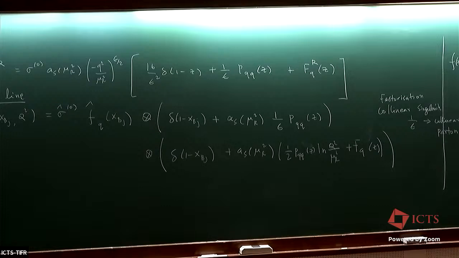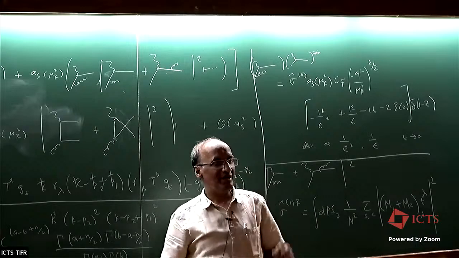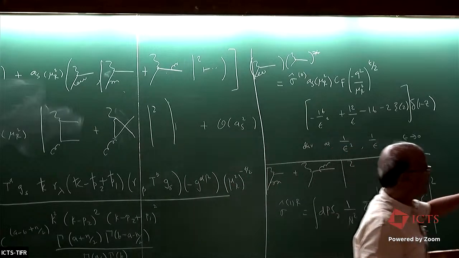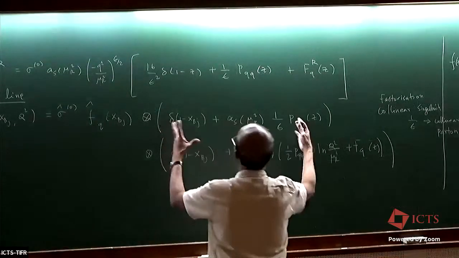For example, in this diagram that I've written down, when this parton becomes collinear to the initial quark, or to the final state quark, you have these divergences. So the partonic cross section that you compute contains divergences, and that can be factorized in a universal way.